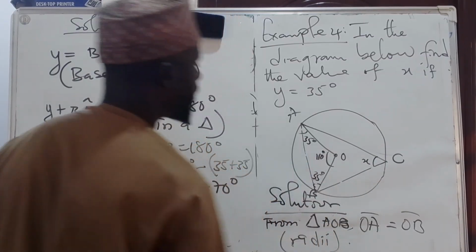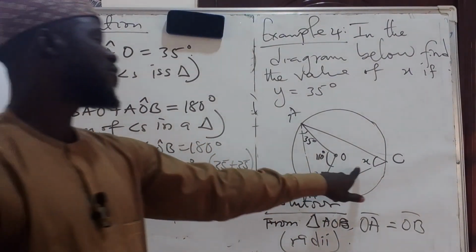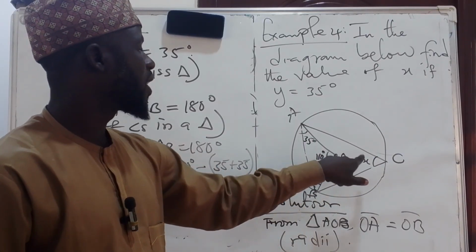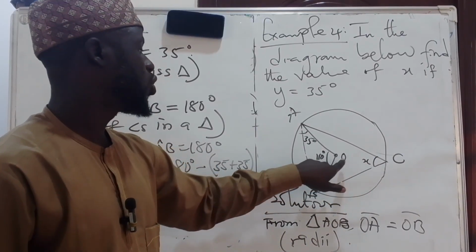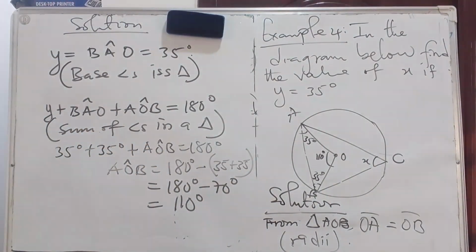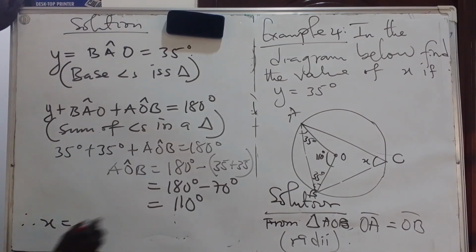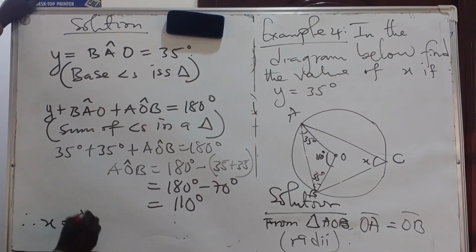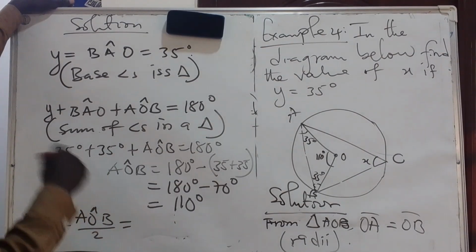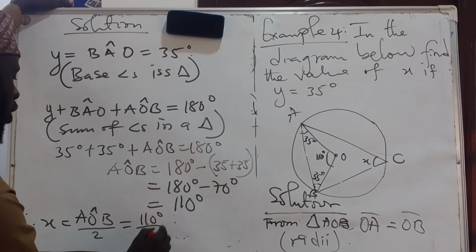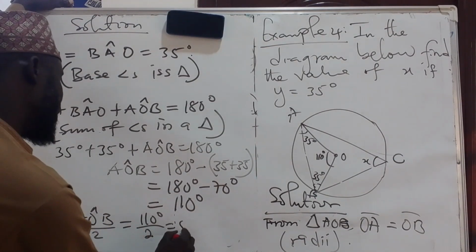Remember, we are looking for x. We have gotten this angle, so whatever is happening in x should be half of this angle. x is equal to angle AOB over 2, and that is 110 degrees divided by 2, which is 55 degrees.